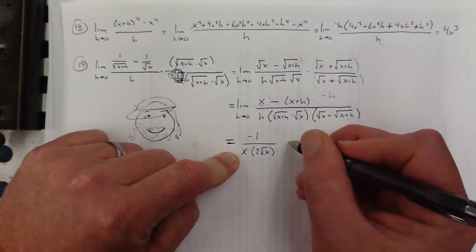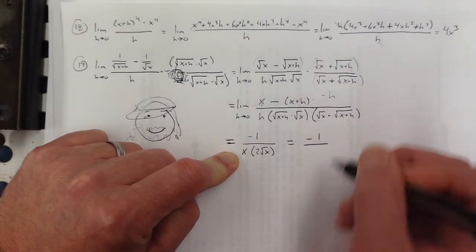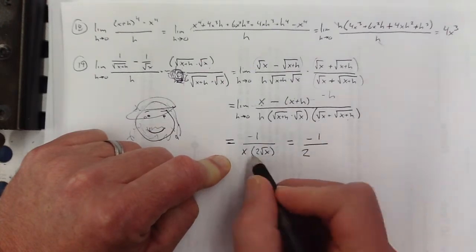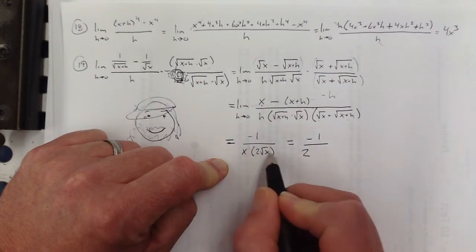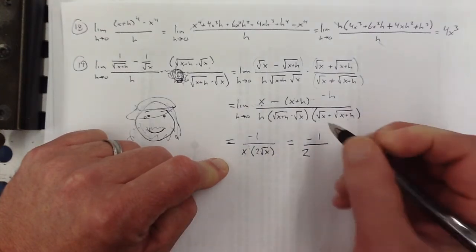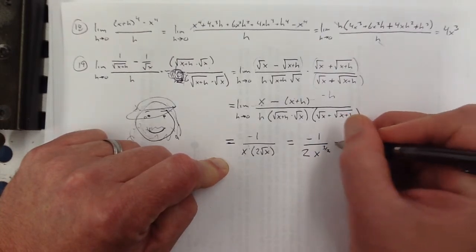But you could also, if you went back and did any of that skills practice stuff that I posted, the optional review materials, exercise some of those skills. This is x to the first, and this is x to the 1/2. X to the first times x to the 1/2 is x to the 1.5, or x to the 3/2.